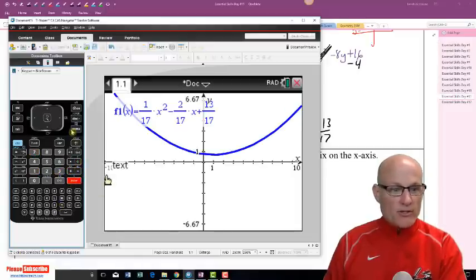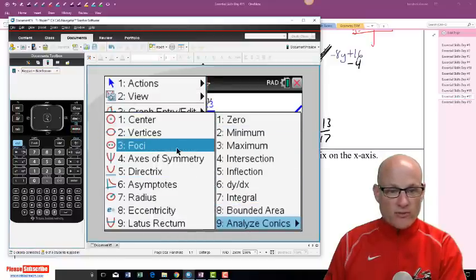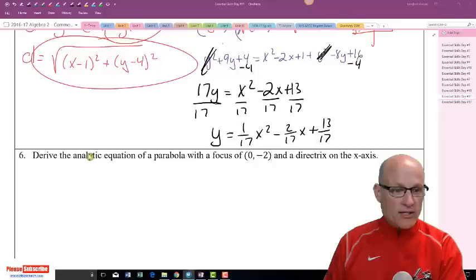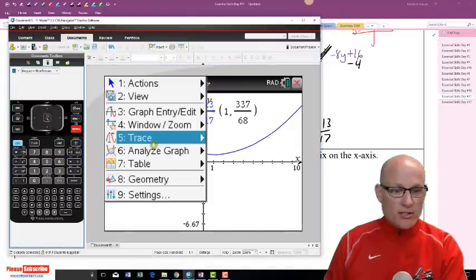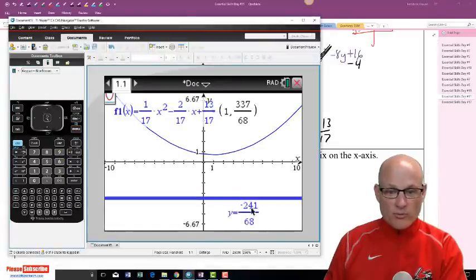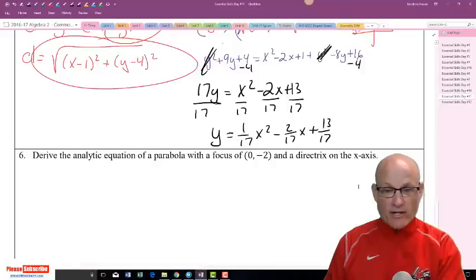All right, so menu, analyze graph, analyze conics, foci. Boom. Yeah, see how that's 337 over 68? All right, so menu, analyze graph, analyze conics, directrix. Click on it. Boom. All right, I did something wrong. I totally did something wrong because that's completely not the right answer.